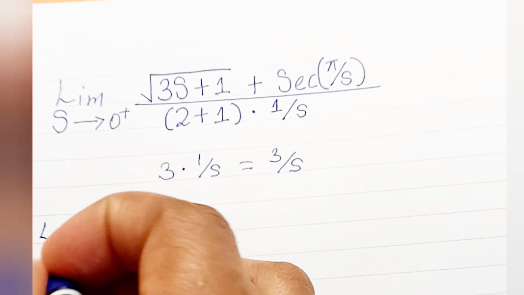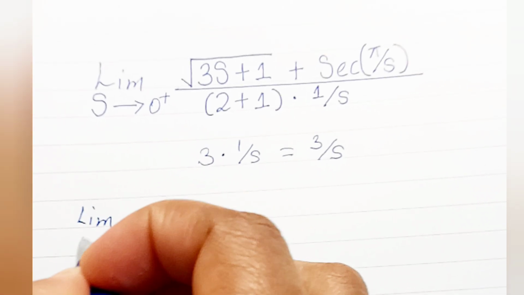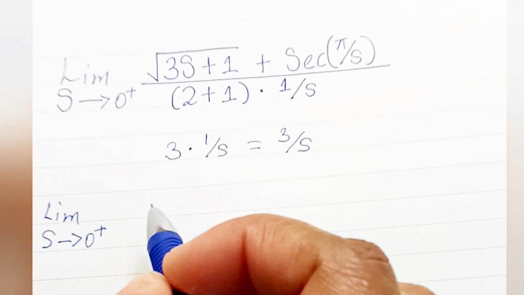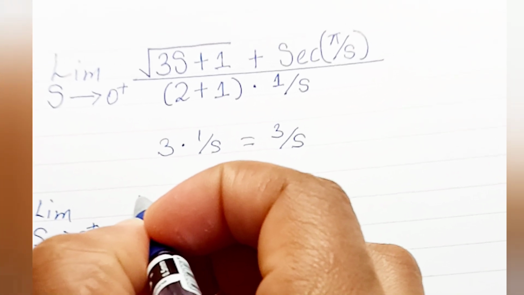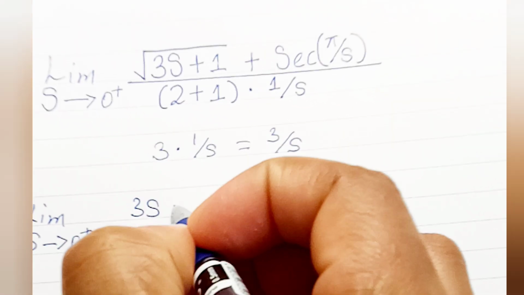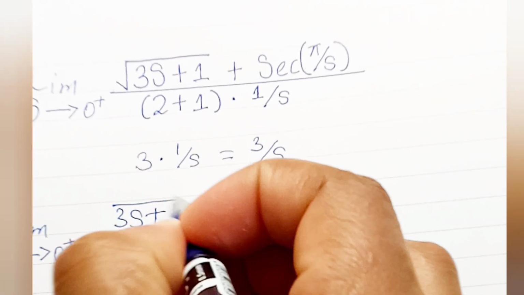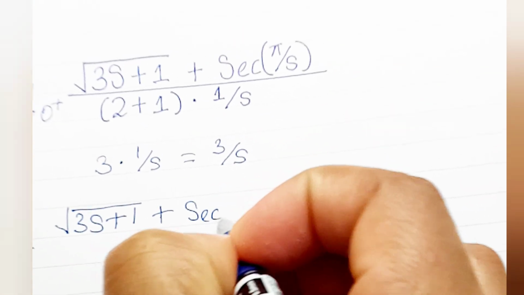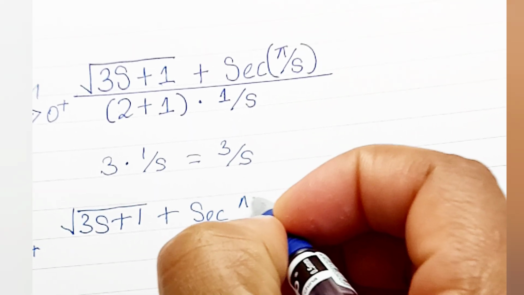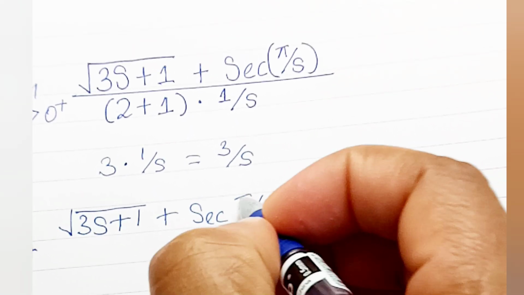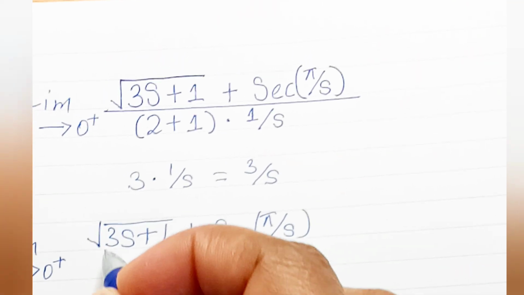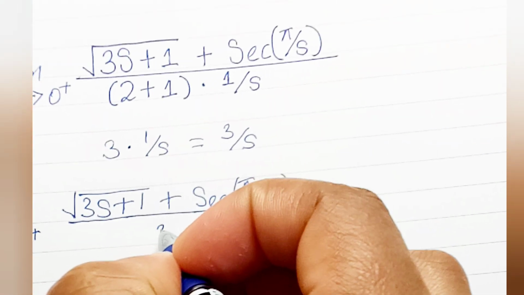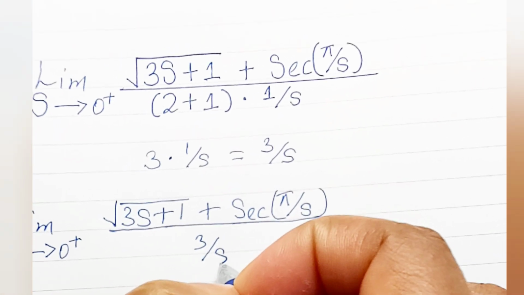Limit as s tends to 0 from the positive side, square root of 3s plus 1 plus secant of pi over s, divided by 3 over s.